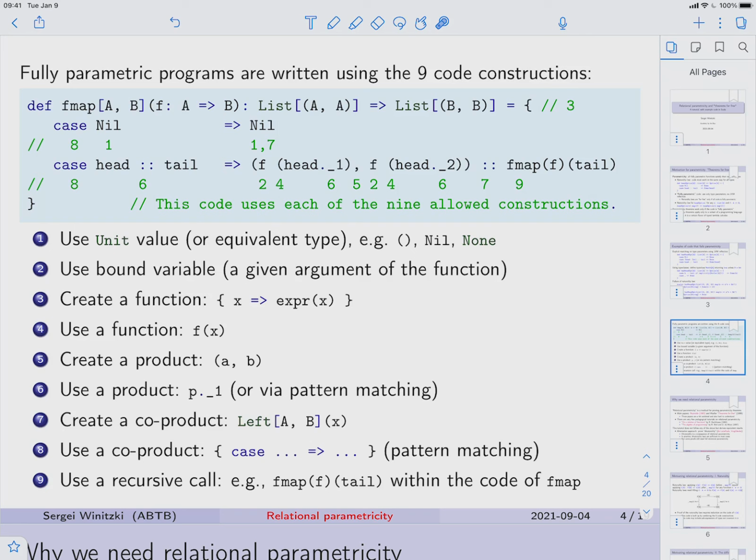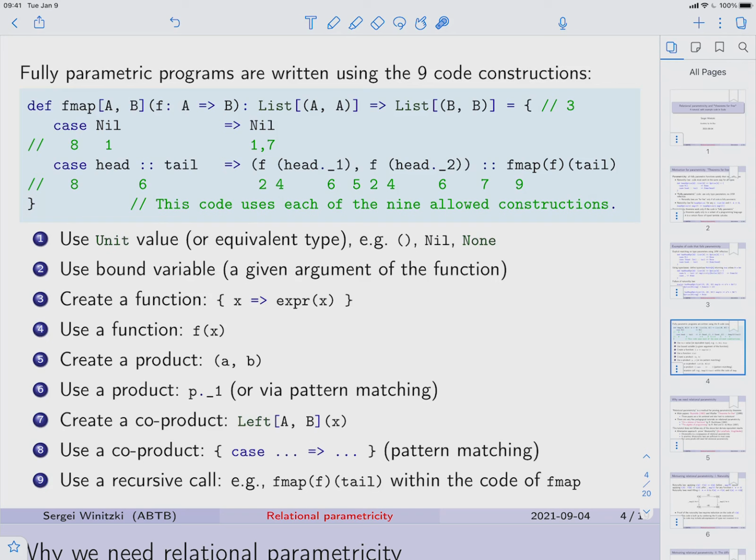You can use a recursive call. So if you are trying to define a function fmap, like in this example, then you're allowed to call that function while you are defining that function. So you're allowed to use that function inside of its own code.